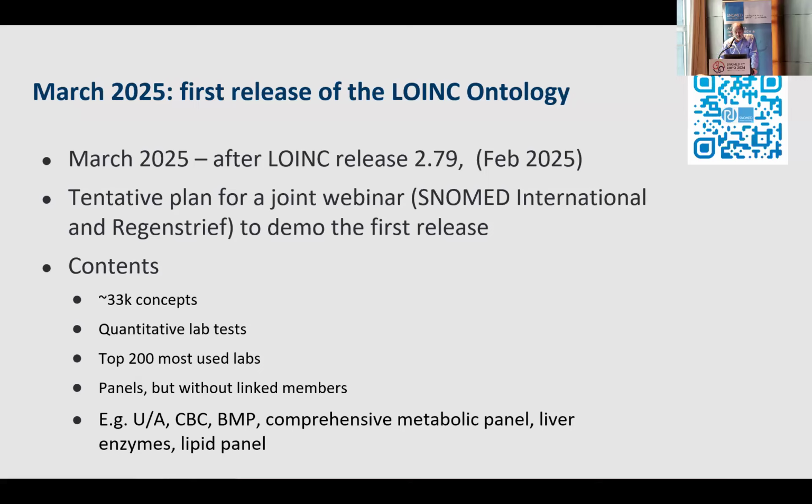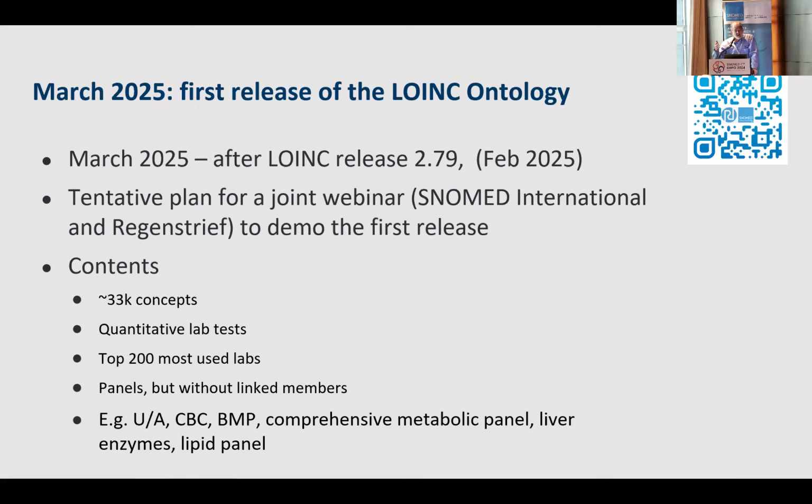So it includes panels, but the panels don't show the contents of the panels right now. But what we did do is make sure that we didn't put any panel names in where the elements were not defined also as part of the extension. So the groups that are there, their members are there, but the association hasn't been made between the name of the panel and the things that are members of the panel.